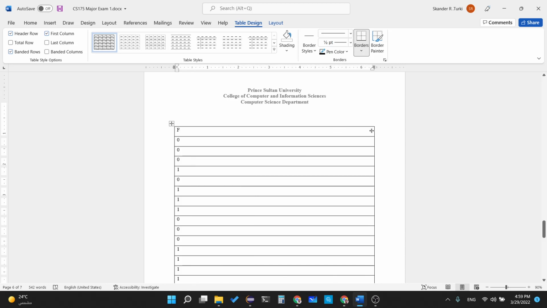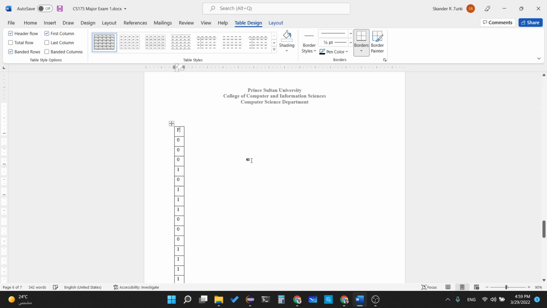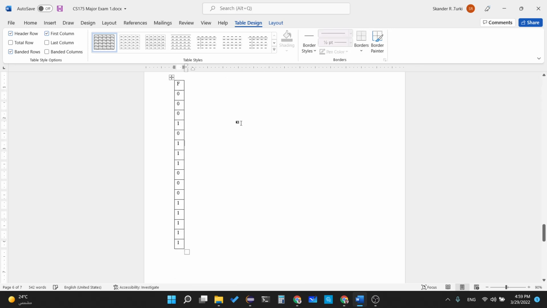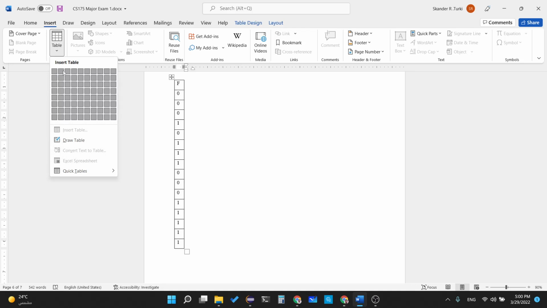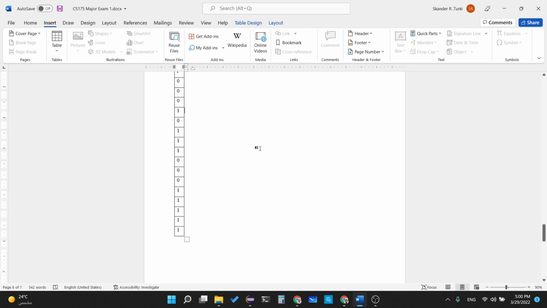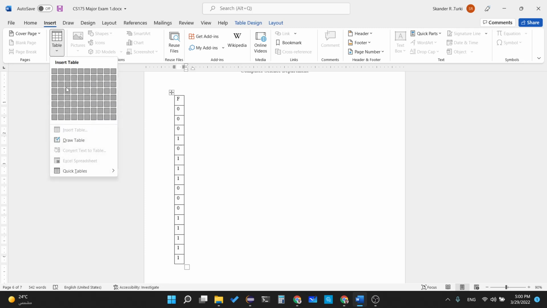Okay, this is F, and here how to draw another table.